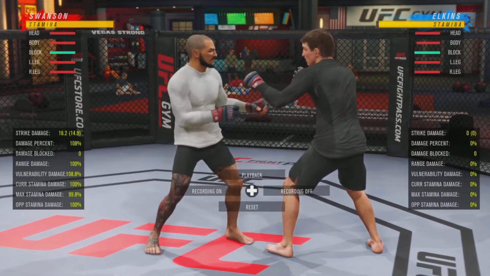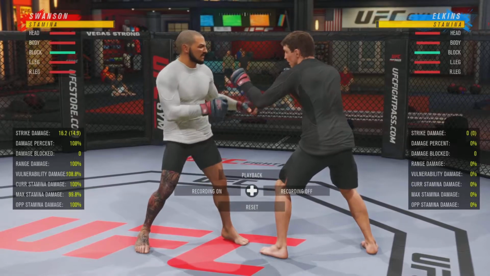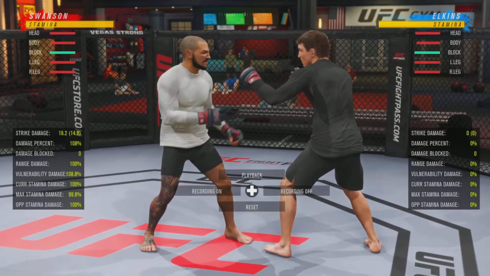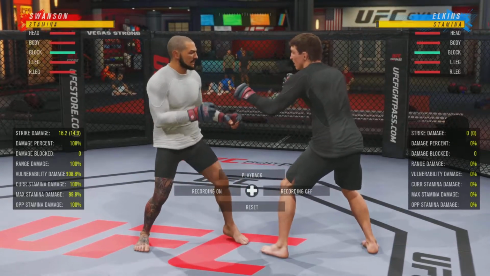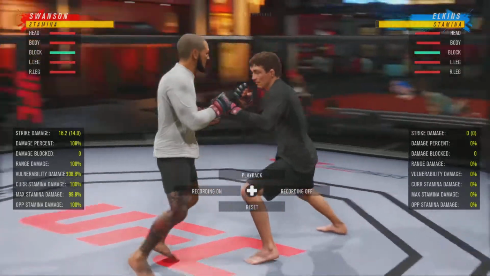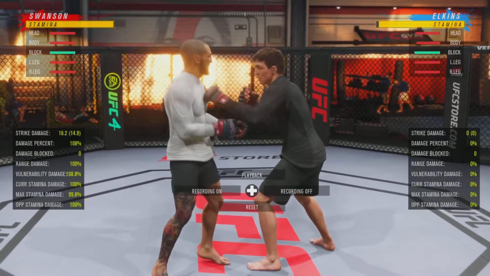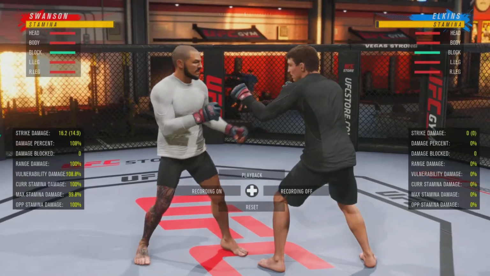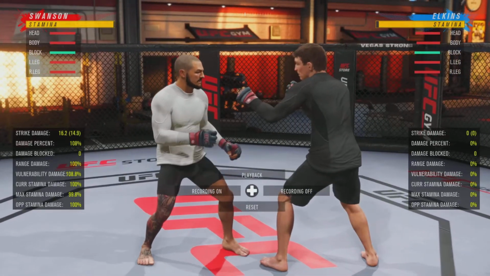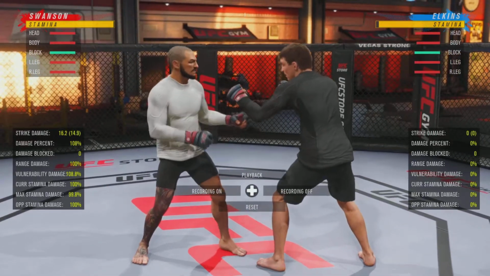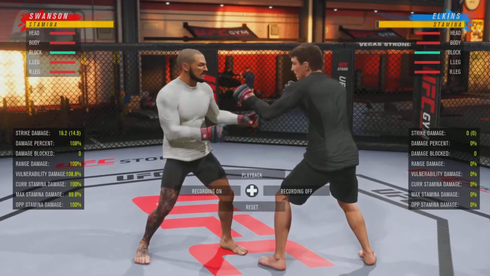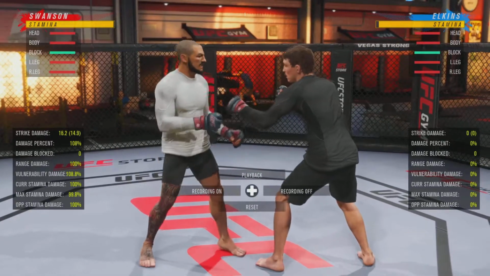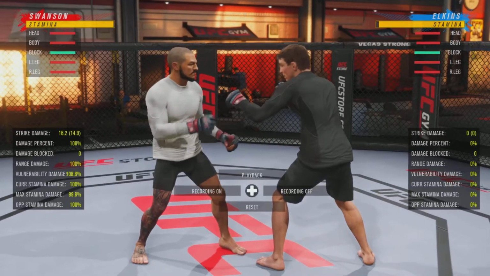And the last one that I have for you guys is evasion properties. Now, these are very important and annoying when it comes to knee and elbow spammers. The knees have high evasion properties, and evasion properties are basically when a move is immune to getting hit by a certain strike.